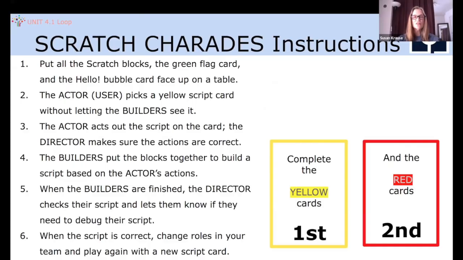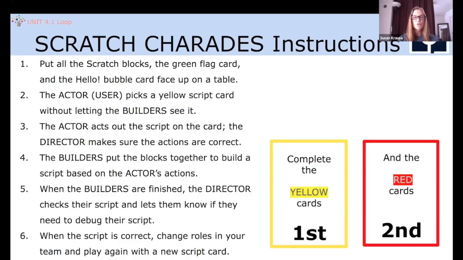Let's review the instructions. Put all the Scratch blocks, the green flag card, and the hello bubble face up on the table. The actor picks a yellow script card without letting the builders see it. The actor acts out the script on the card, and the director makes sure that the actions are correct.